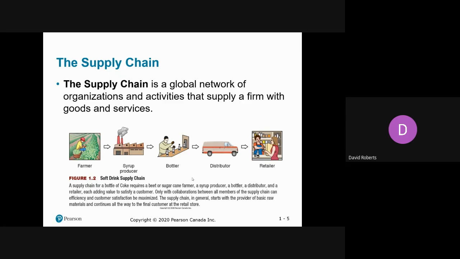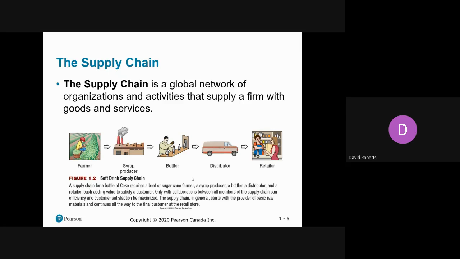Once the farmer has grown those particular inputs, then they send them to the syrup maker, which creates the syrup for the cola, and then it goes to the bottler. Now the syrup producer and the bottler can be the same. It can be in the same plant. They don't have to be, but they're different stages of the production process.